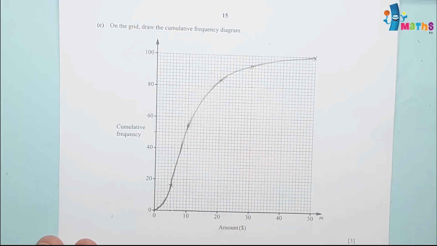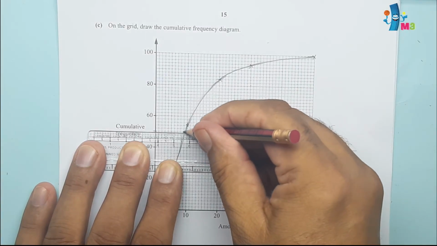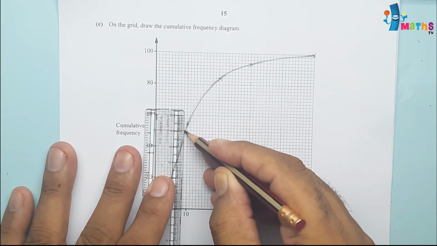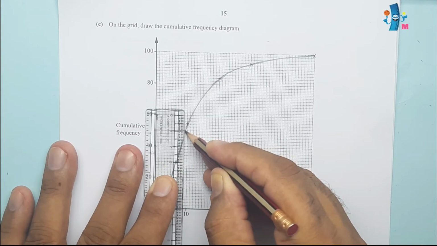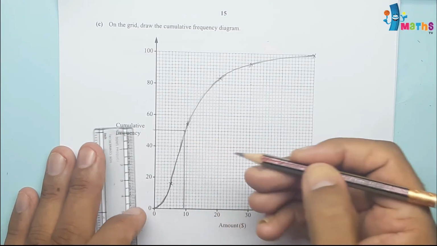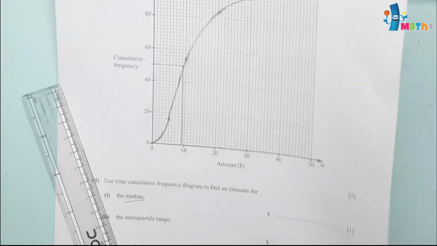So this point we can check the reference from here, and this will be almost this point. This will be 9.5 in the middle almost. This is median.